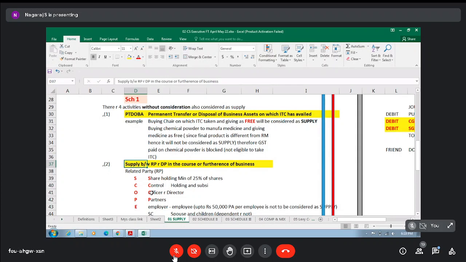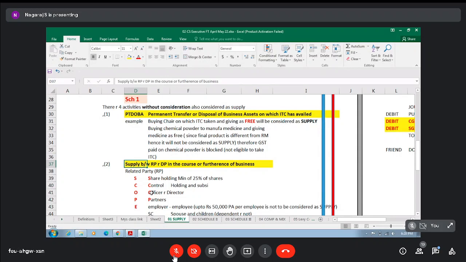For that, we have given a short name, SCOPE. What is that? SCOPE. S means shareholding of a minimum of 25%. That means any person who holds 25% of shares in a company, and if that company supplies any goods to that shareholder without consideration, then that transaction between the company and that shareholder becomes a supply.